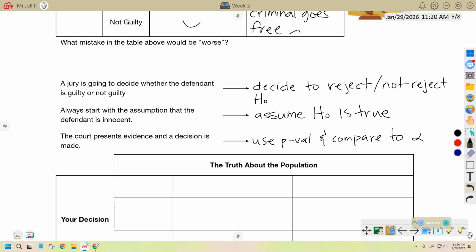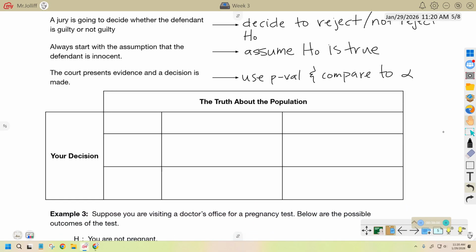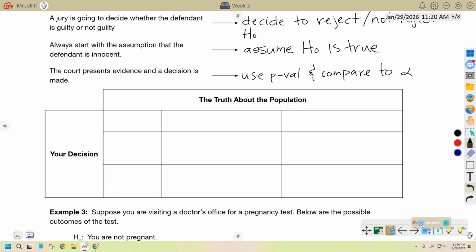So we have to deal with this enough when we're setting up significance tests that we give names to those unhappy face boxes in the table above. So let's fill out this box for a significance test instead of a jury trial.